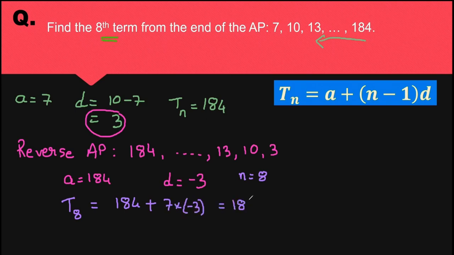So that is 184 minus 21, and that gives again the same answer, 163. So to find any term from the end, just take the reverse AP and make d the negative of d in the main AP.